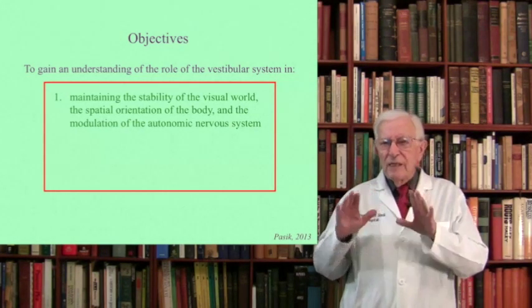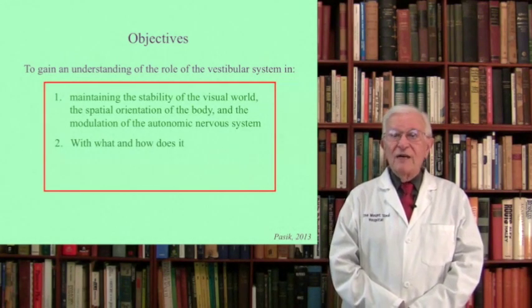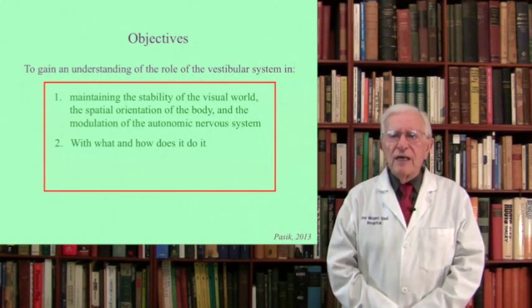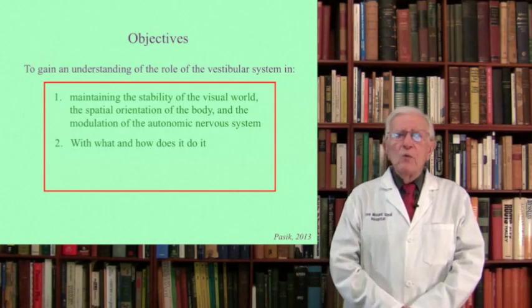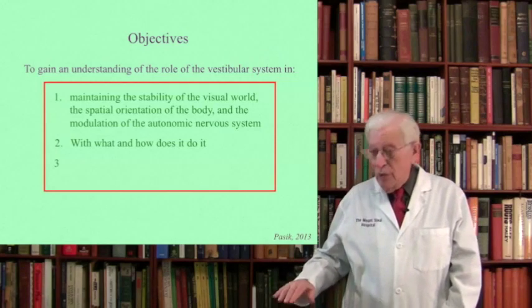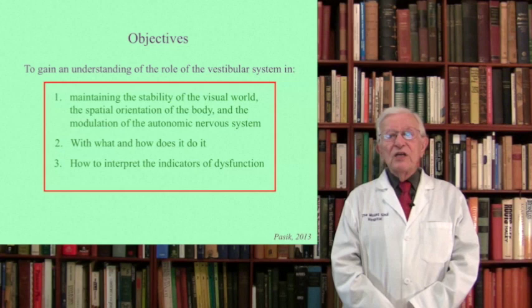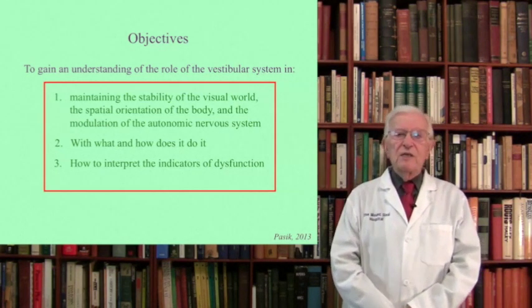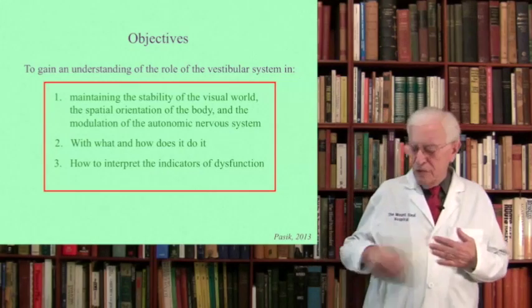We have to end up understanding that. Then we have to have an idea of with what and how does it do it. And finally, we should discuss how to interpret the indications of dysfunction of the system that are caused by either peripheral or central reasons.